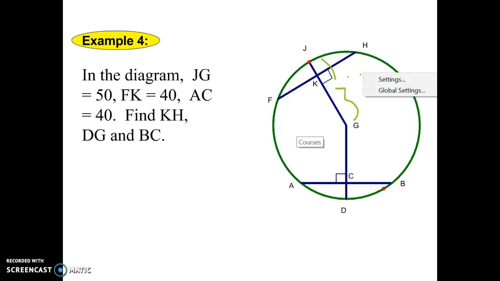Alright, FK is 40. Alright, AC is 40. We need to find KH, DG, and BC.